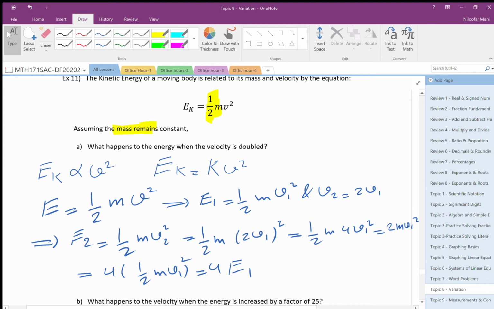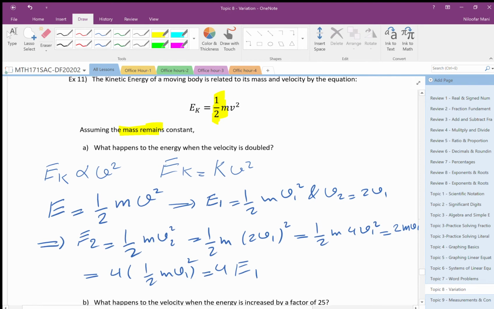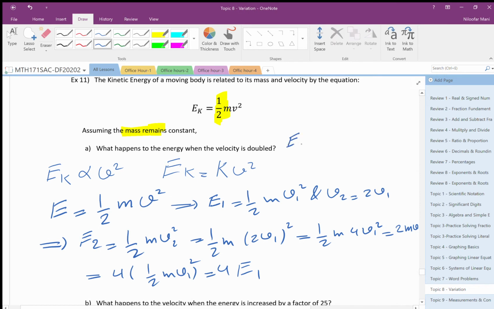Let's say you don't want to do it mathematically, you can do this. E equals 1 over 2 m v squared. So you can say this one is doubled, so I have E equals 1 over 2 m (2v) squared, and this one goes by 4 because when I simplify that, it will be 4.